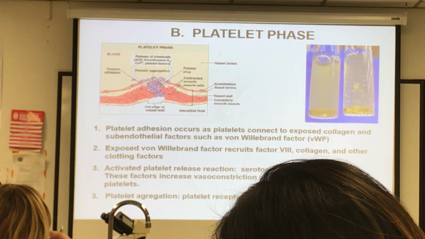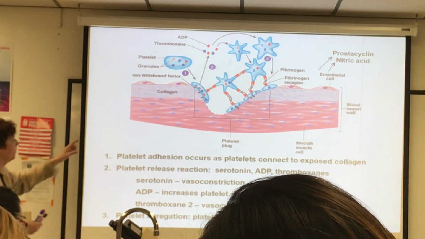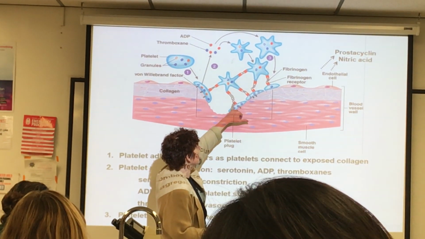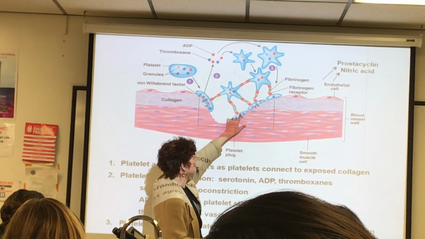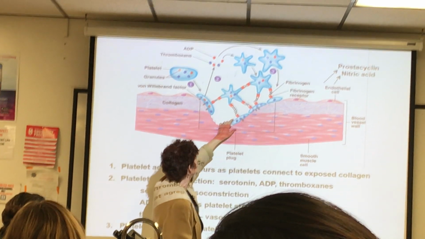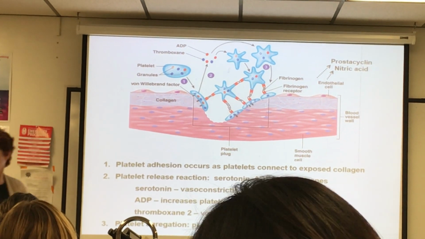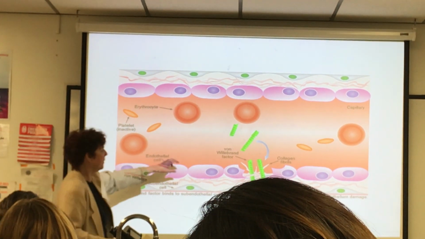And if the platelets start to get sticky, these are the platelets here. They're interacting with some clotting factors, not platelet, but clotting factors, and they're associated with collagen fibers. There's another clotting factor called von Willebrand that will bind to collagen.